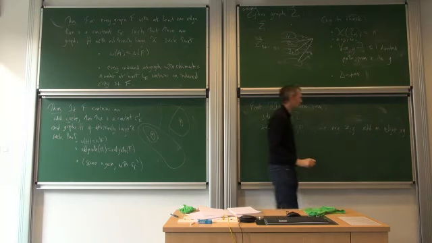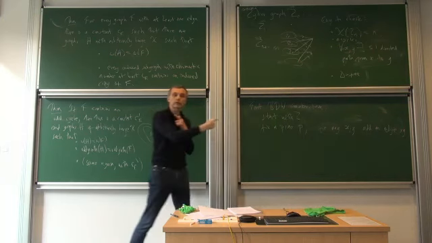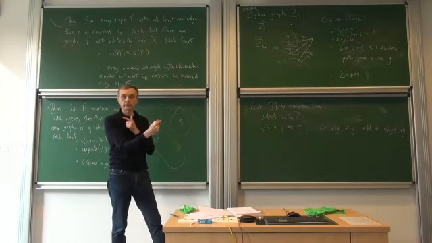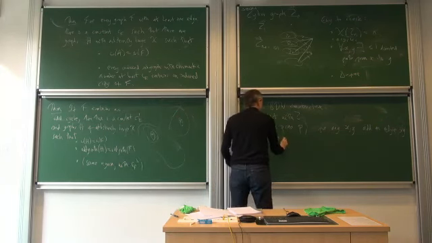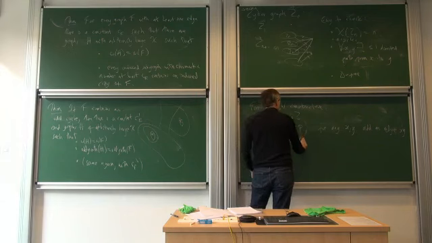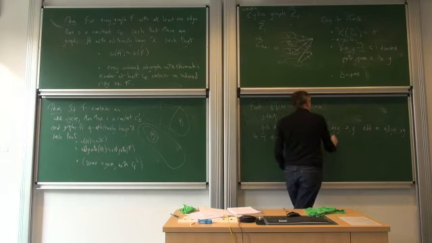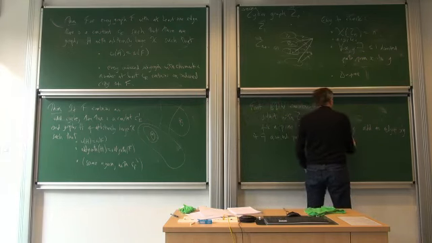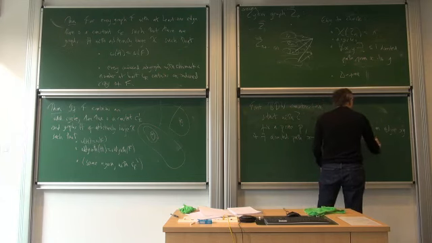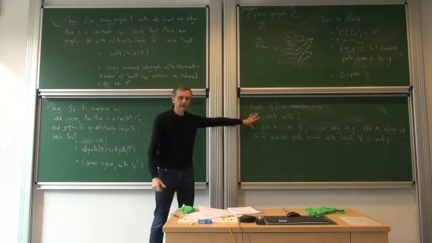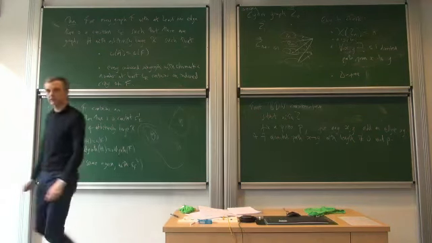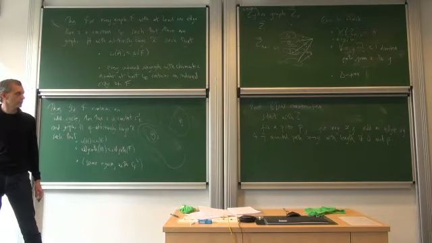So join x and y if there's a path from x to y of non-zero length mod P. So if there's a path from x to y of non-zero length. Okay. So I should say they've announced a kind of more general version of this that gets rid of the constraints on primality, but this is the first version.